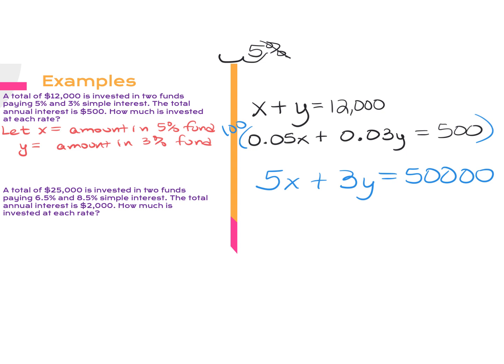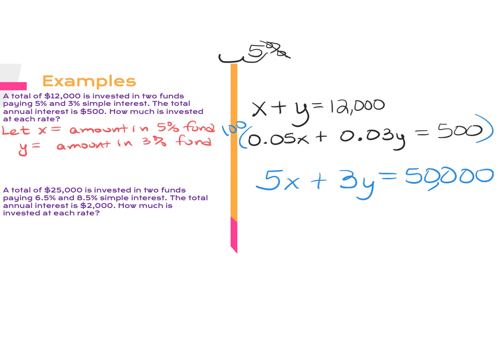Now what I'm going to do is rearrange and solve my first equation for x. And then that's what I'm going to substitute. Again, always try to solve or rearrange an equation for either the x or the y that doesn't have a coefficient in front, so like it's got a 1 in front.